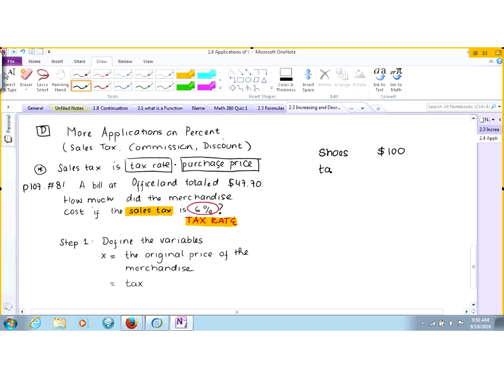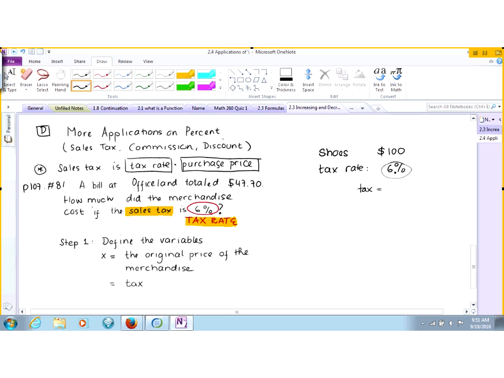Let's just say $100. The tax is 6%. When I say tax and I give you a percent, does it mean the tax or the tax rate? Tax rate, yes. So remember, the tax is 6%. Now the question is, how much is the tax?